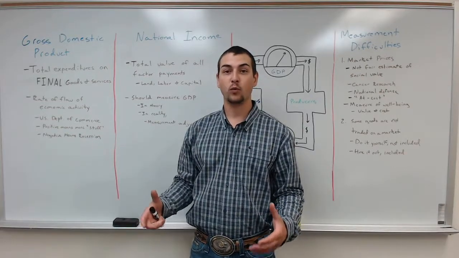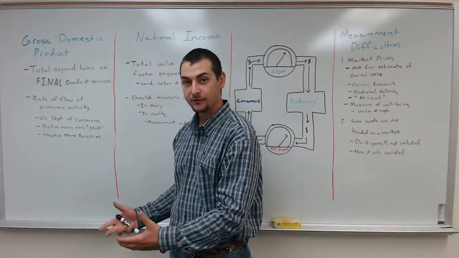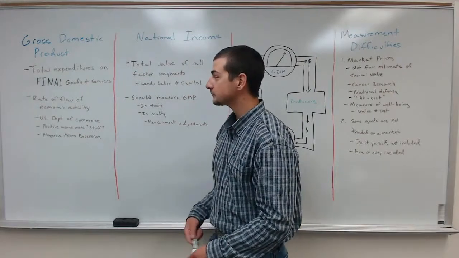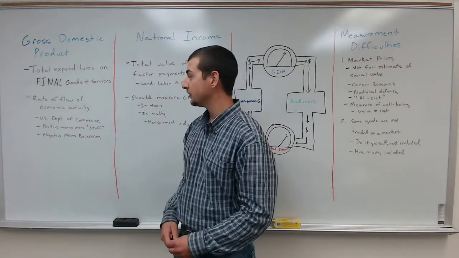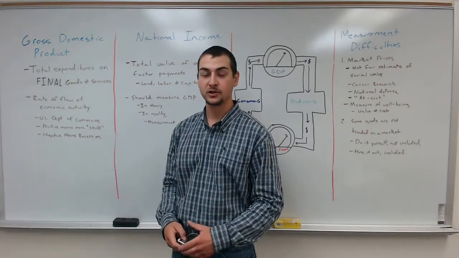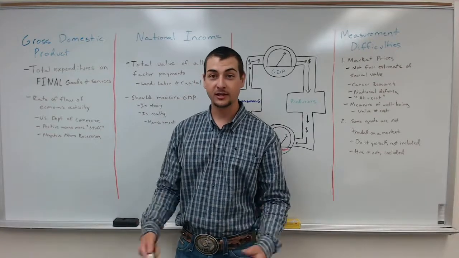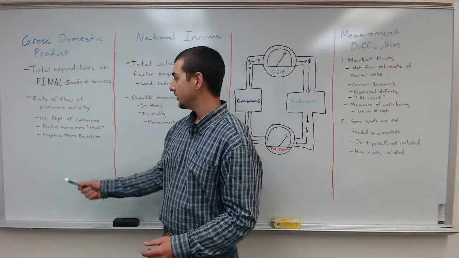We are figuring out what is the total dollar value that we spent on stuff. So, we have this rate of flow of money that we're spending on stuff. And it's all being calculated by the U.S. Department of Commerce. They're the ones who sit down and calculate GDP usually on a quarterly basis.